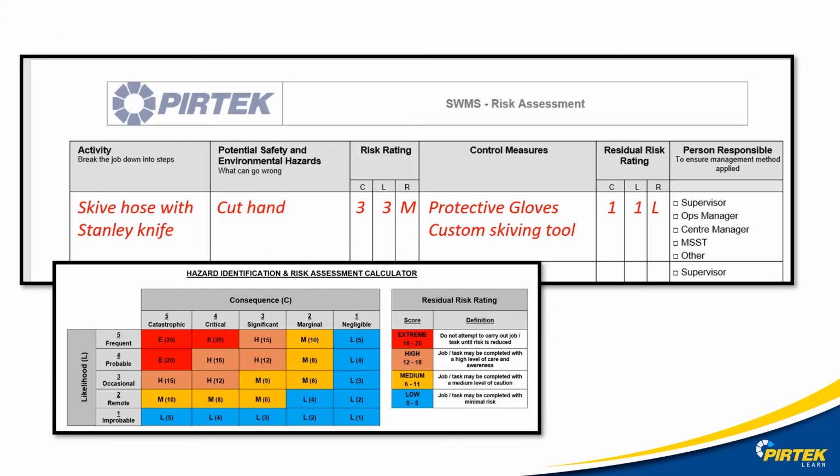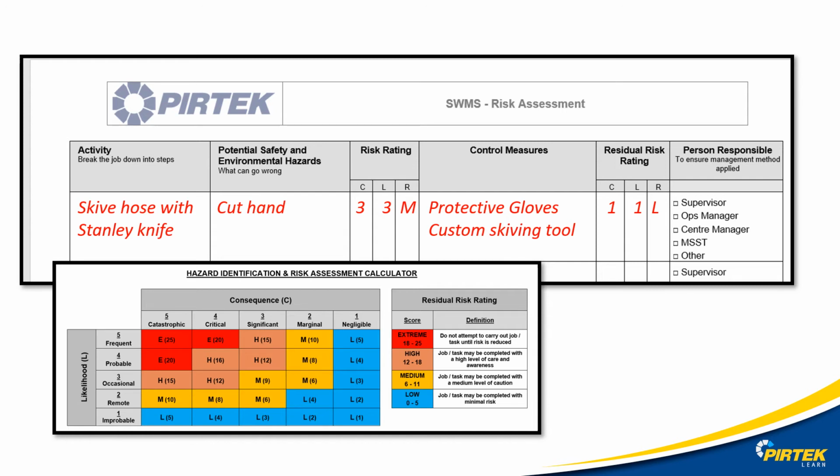Here we can see we've identified a potential hazard, which is a Stanley knife. We're skiving a hose with a Stanley knife. We know we can easily slip, cut our hand, and do some damage.